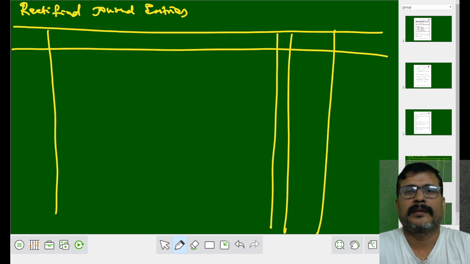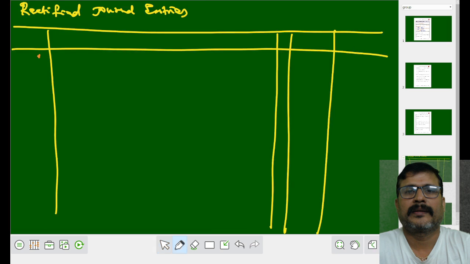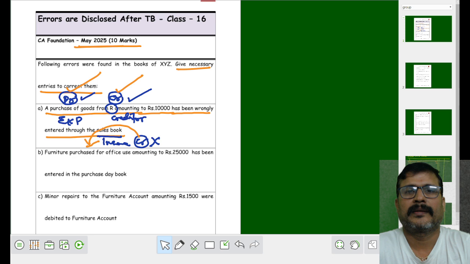Now let us write the first entry, that is point A. Purchases account debit, sales account debit to R's account. How much amount, my dear children?